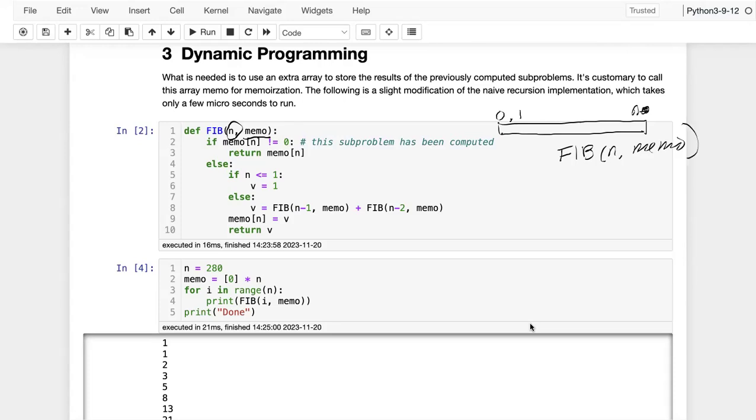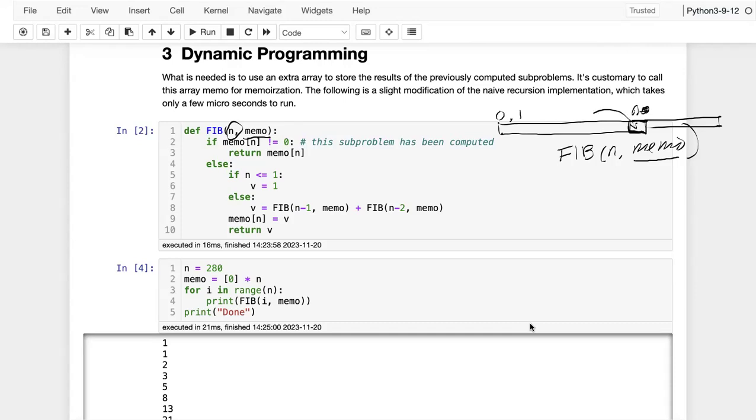In this case, it's a linear table. We will first check to see whether I have already computed that problem. If n is somewhere here, and I have already computed that subproblem, that means that I have a value here.